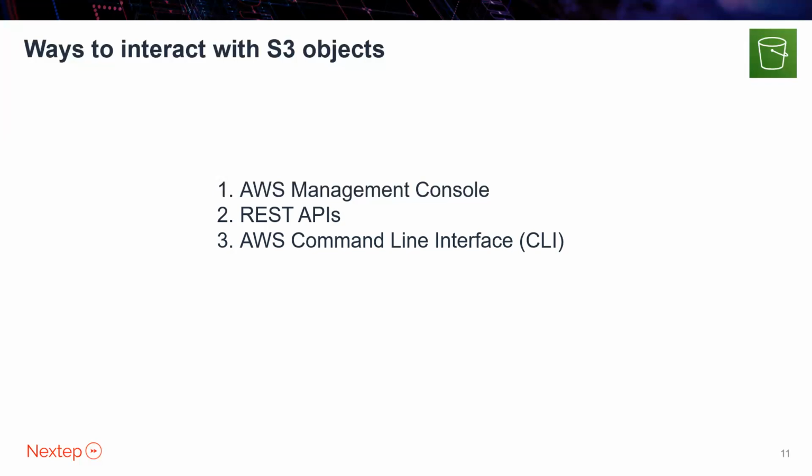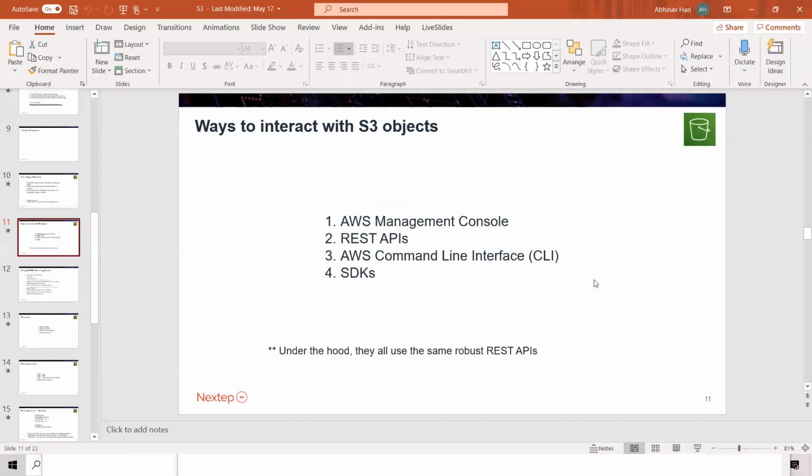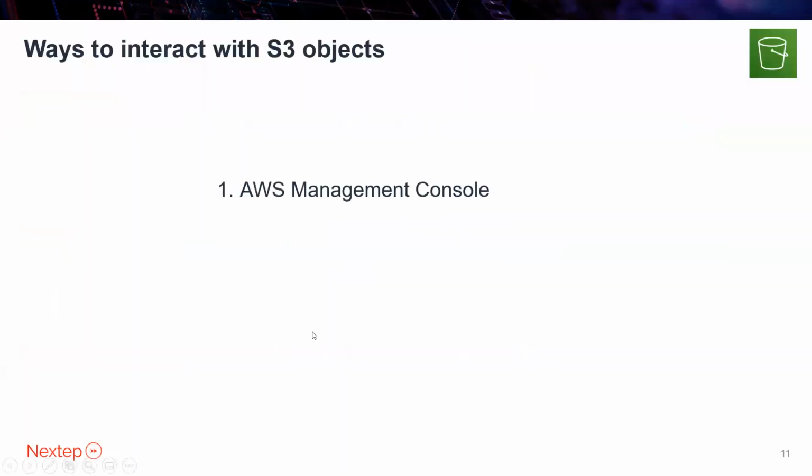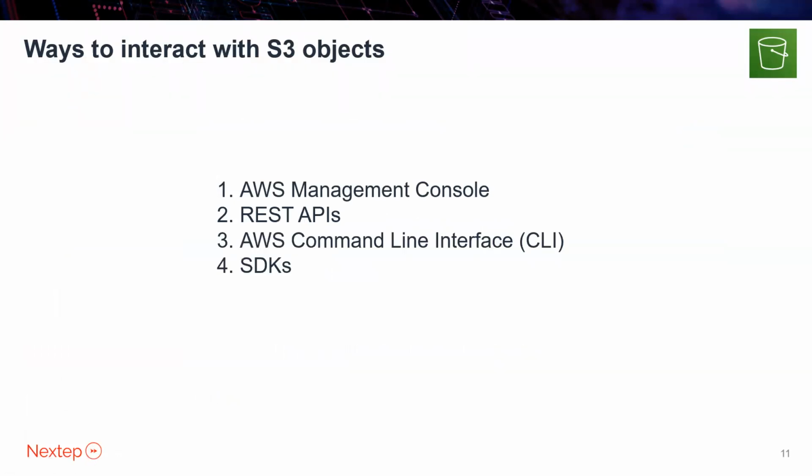Under the hood, it's using the same REST APIs, but after you configure it, you get simple commands: aws s3 cp to copy an object into an S3 bucket, and aws s3 mb, make bucket, to create a bucket with the bucket name. So from your machine, without having to log into the management console, you can do that. And finally, the most powerful approach is the SDKs.